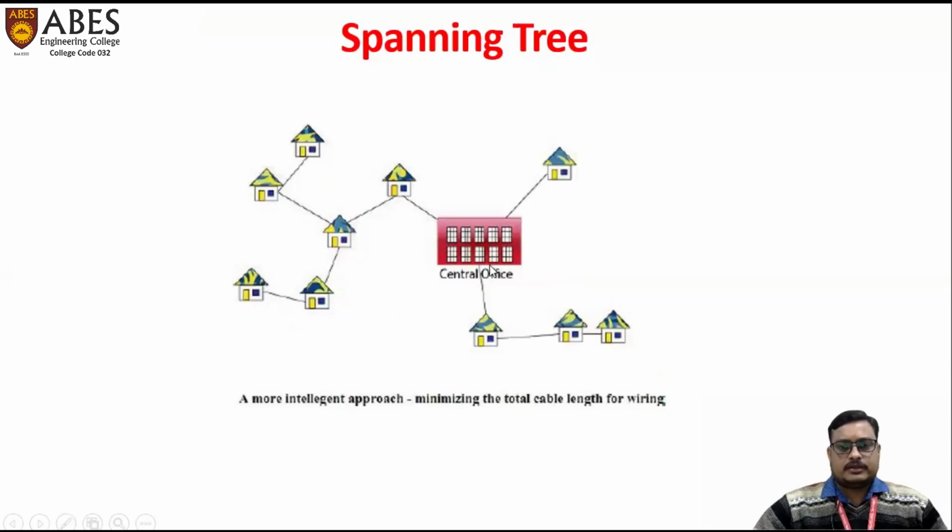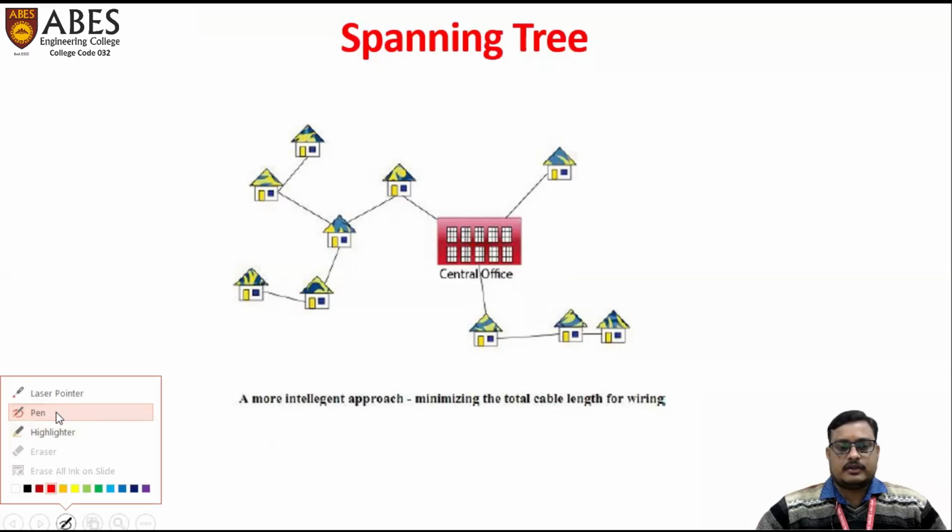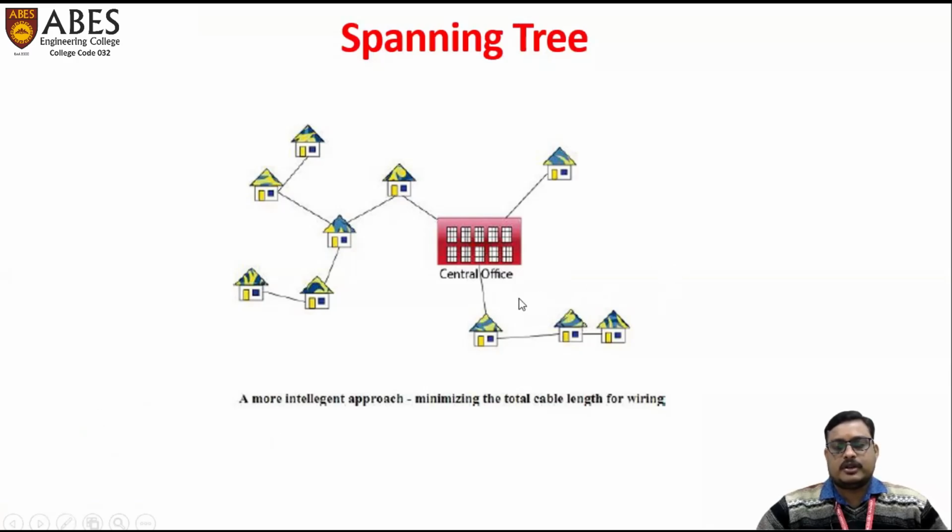Here we connect central office to this office, and after that, we'll just connect nearest offices from this office. So we need not use again one cable from central office to this office, or central office to other offices. So if we see here, it will take fewer cables in comparison to the previous one.